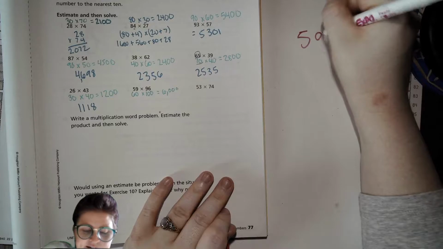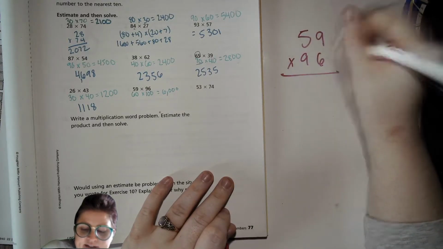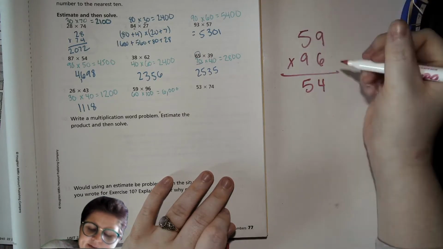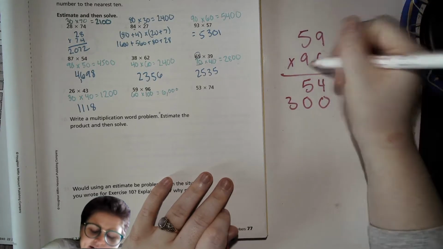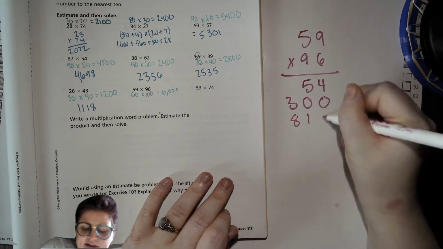59 times 96. 6 times 9, 54. 6 times 50, 300. 90 times 9, 810.